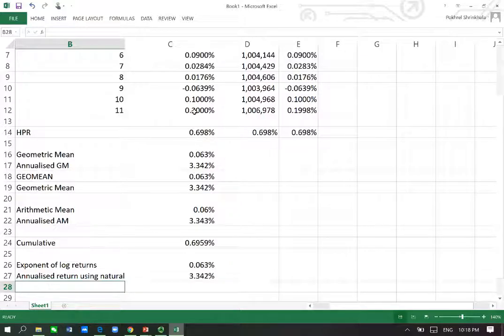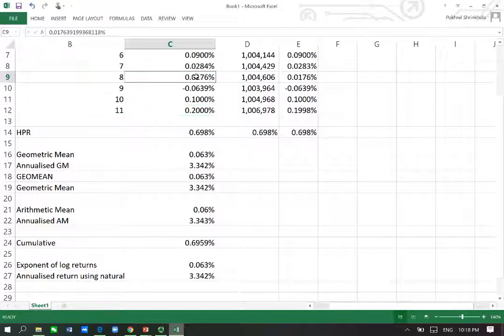What we can do now is see these changes when we increase these returns. Okay, so let's say in week 8 I change it to 0.98. Okay, this means the information in column D, the amount, will also change, and therefore this will also change, and subsequently all values here are also going to change for geometric mean and arithmetic mean.